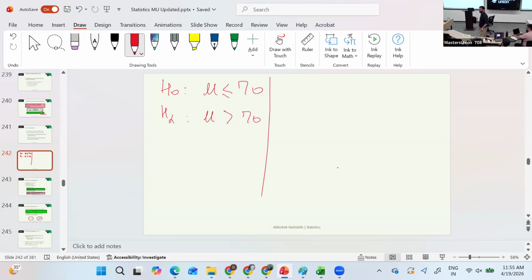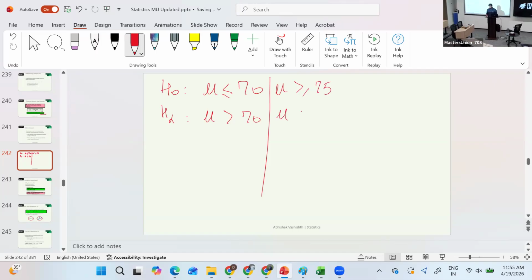So let's say at least 75 mg. What will be the hypothesis? So mu is greater than or equal to 75, and the alternate will be that it is less than 75.